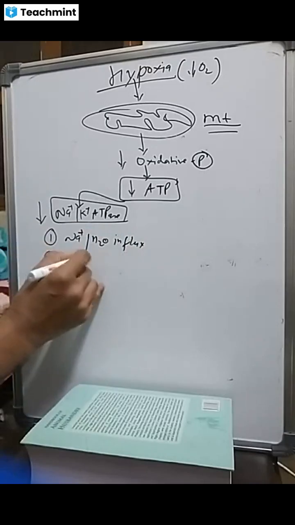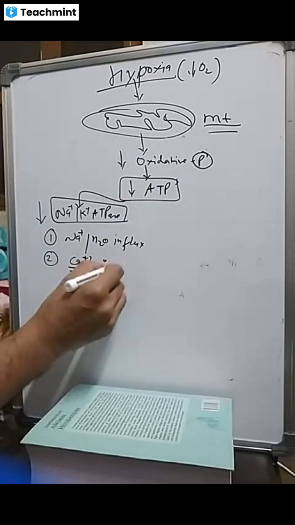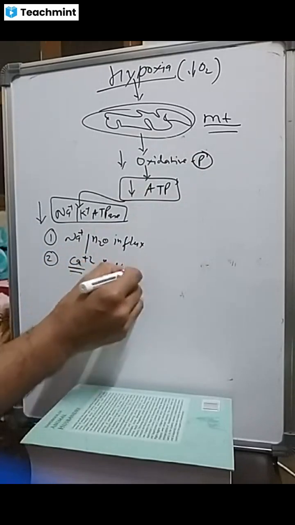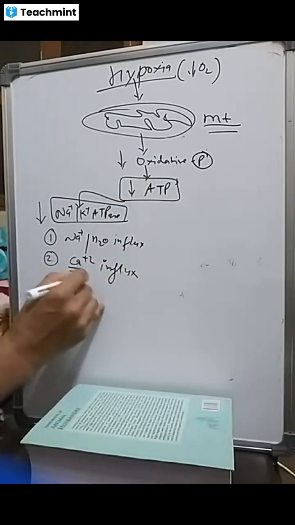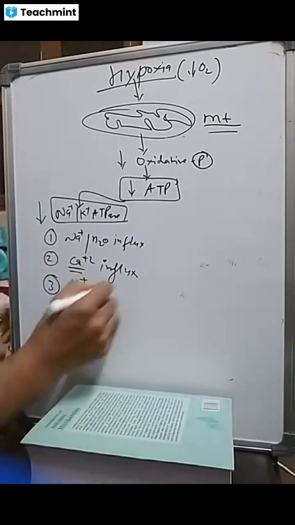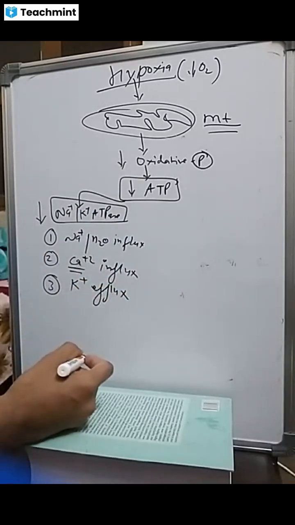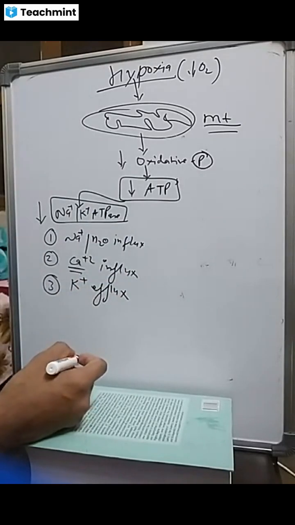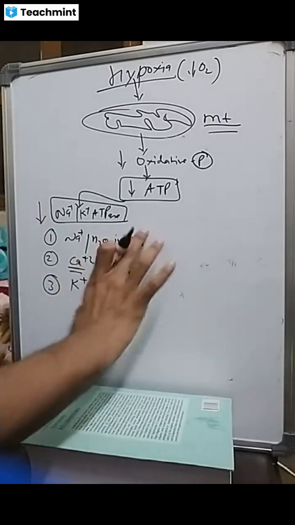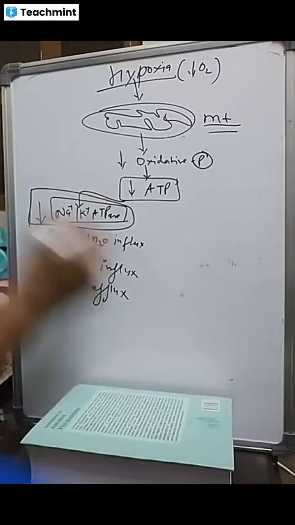Where is the calcium highest? Outside the cell. So calcium will influx. Then where is potassium in excess? Inside. So potassium will efflux. These are the changes occurring because of the less activity of this pump.